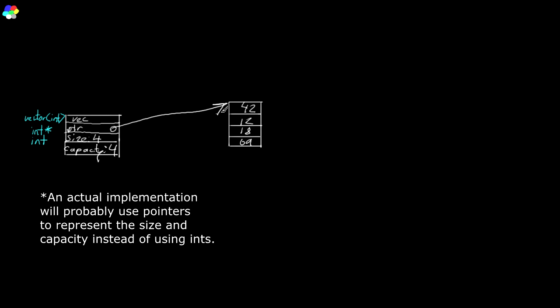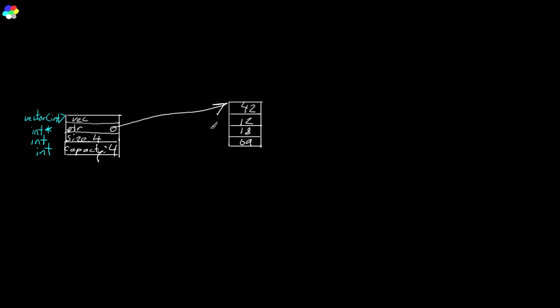It stores a pointer to the memory. It stores the number of elements that are being contained, and it stores a third value called capacity. That's going to be an int. And the way it works is when you push a value back, it's going to check the size and the capacity. It's going to see, is the capacity greater than the size? It is not greater. It is equal.